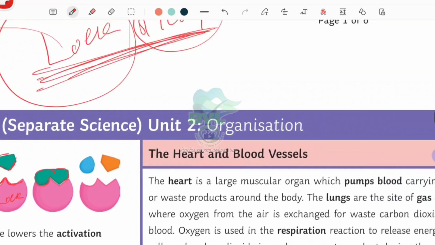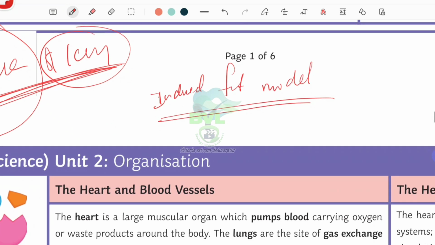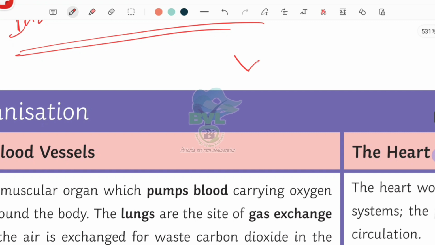However, there's another theory called the induced fit model. The induced fit model says that when you have an enzyme, the active site is not totally complementary to the substrate.